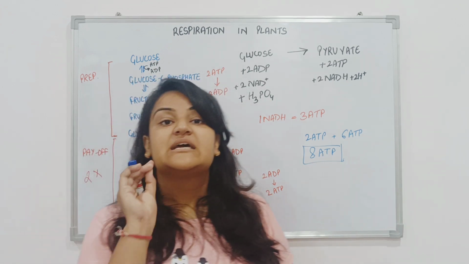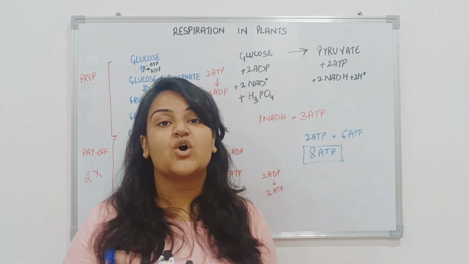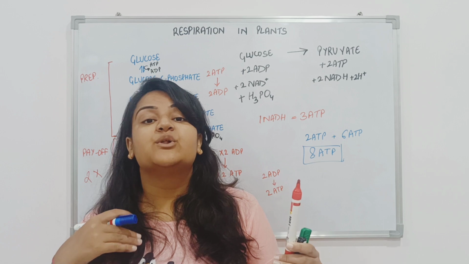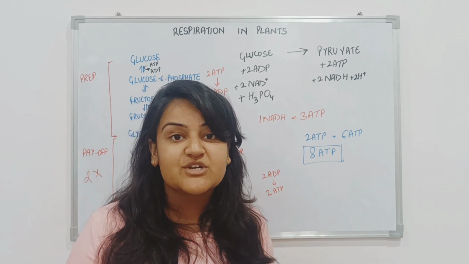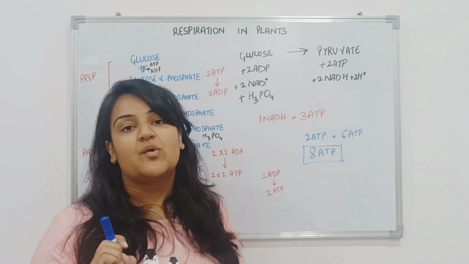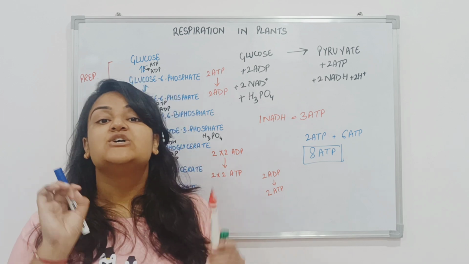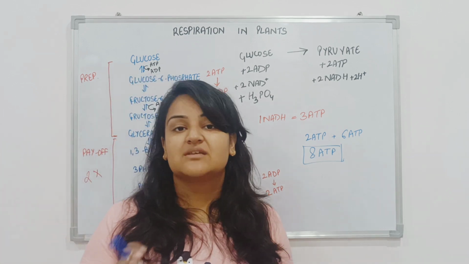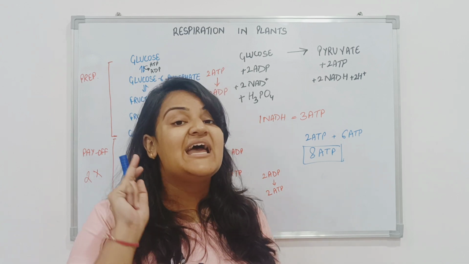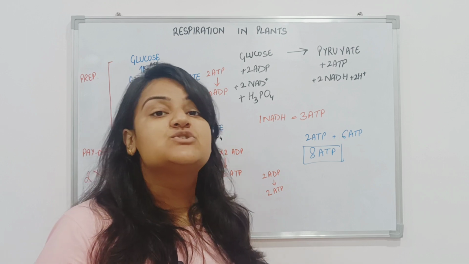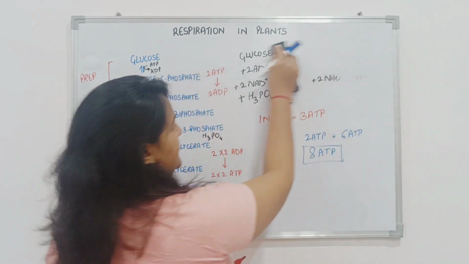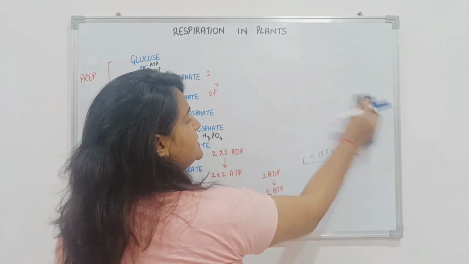Means if oxygen is present, then it will go into the process of aerobic respiration, and in case the plant is anaerobic, it has the ability to respire and do the processes in the absence of oxygen. It will go on for anaerobic reaction. So anaerobic reactions are the fermentation reactions.